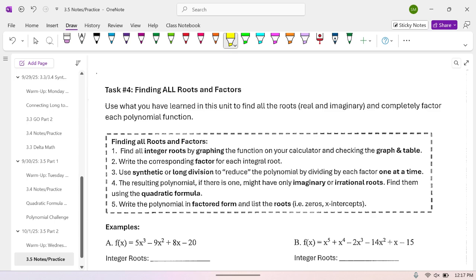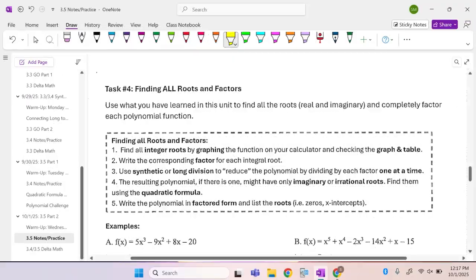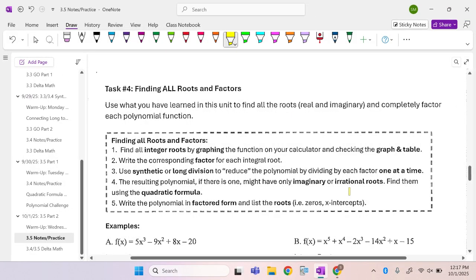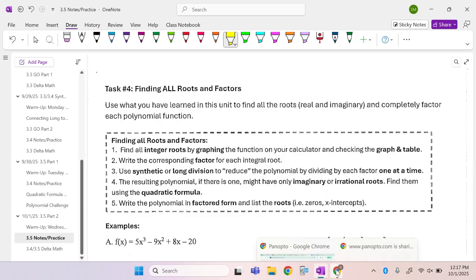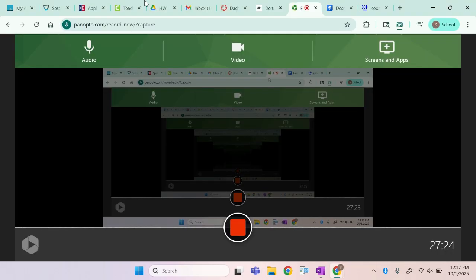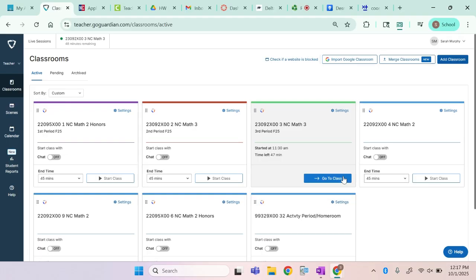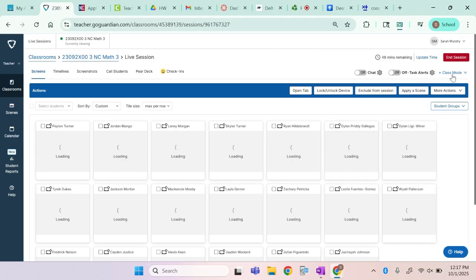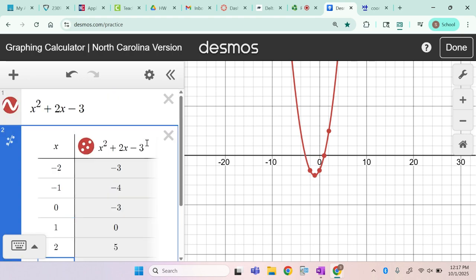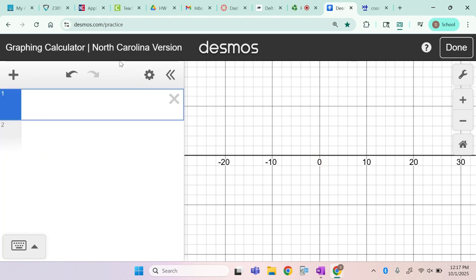So, before we do anything, you do need Desmos, so go ahead and take your Chromebook out. I'm going to switch the Go Guardian so it automatically opens up to Desmos for you. It should be the testing version. So guys, remember, in the testing version, it should automatically open up when you open up the internet.